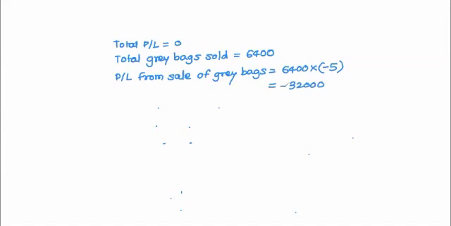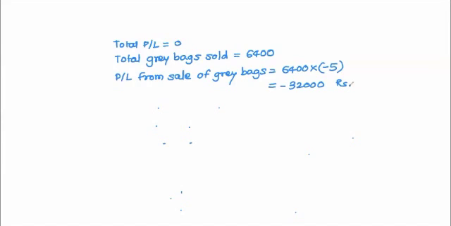So the company is making a loss of minus 32,000 rupees from sale of gray bags. But it doesn't want to make any loss. It wants to make the profit or loss 0.